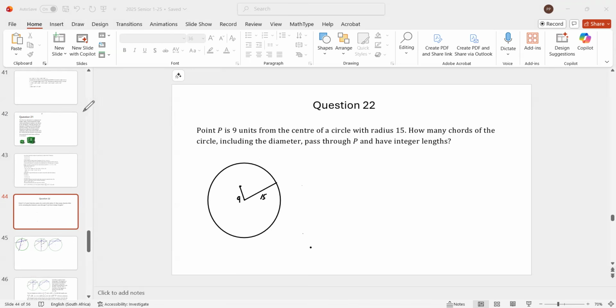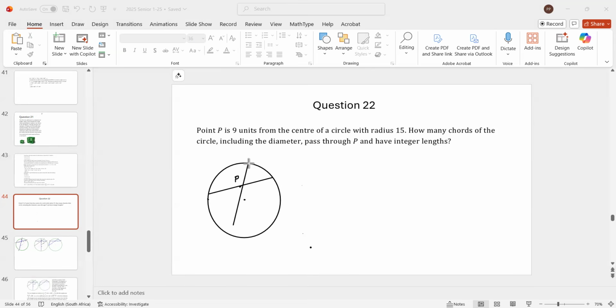And this is the background to this thing here. Just remember the radius is 15 and it's 9 units from the center. And I'm going to just remove all these guys here. Now, there's your point P. And you've got infinitely many chords that go through this thing. A whole lot of chords.